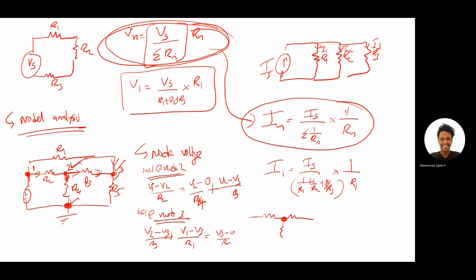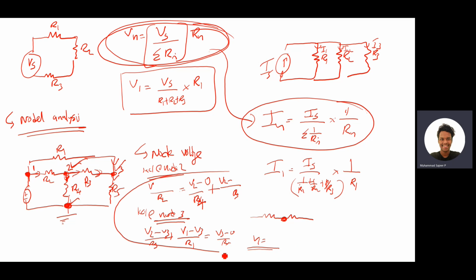So these are the equations, and since it is considered, V1 should be equal to the source voltage, and if we solve all these equations, we should get the values of V1, V2 and V3. So that's how nodal analysis works.